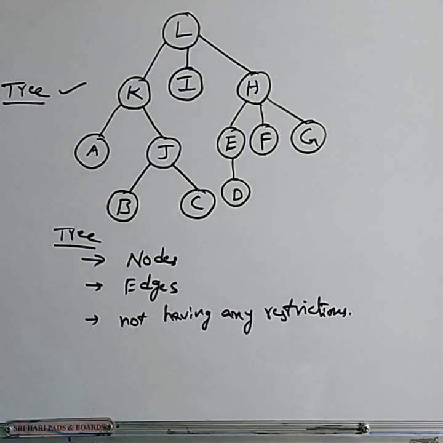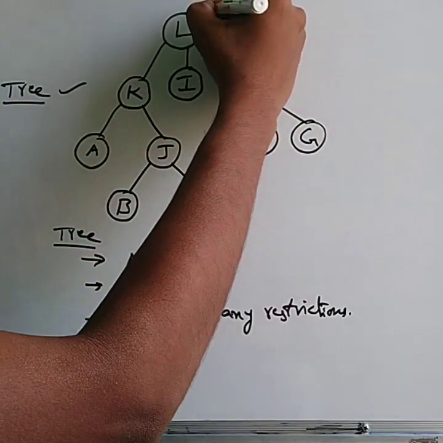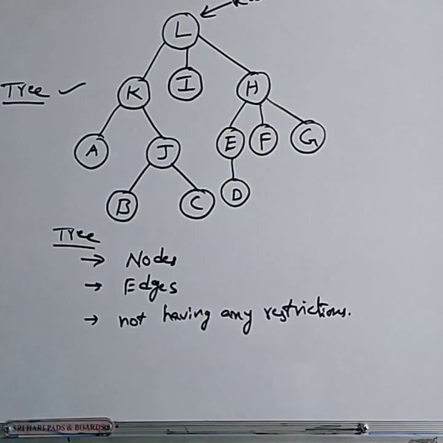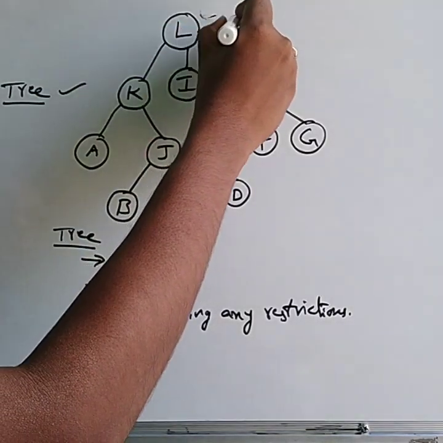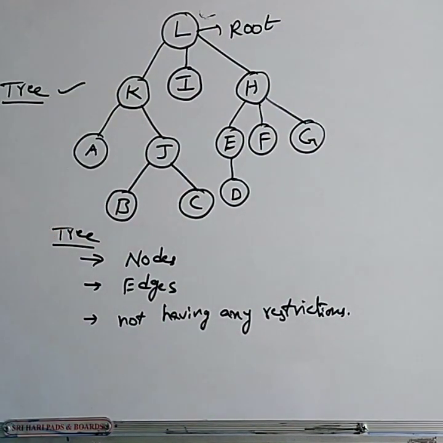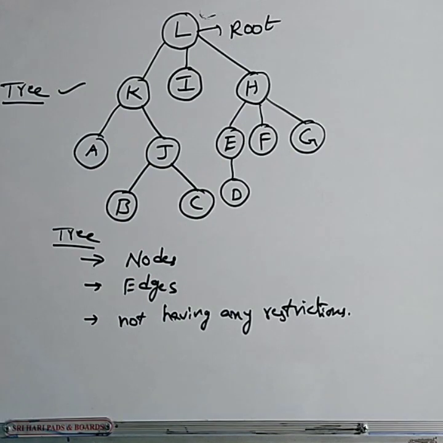The root node is the starting node of the tree. We know very well about it. The root node has its adjacent nodes or child nodes.